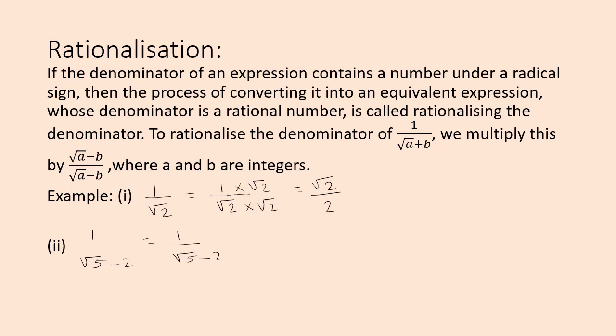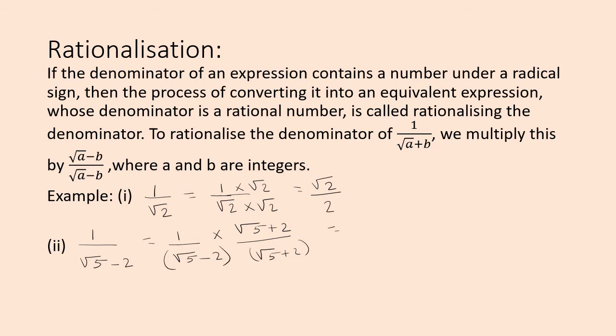You have to just change the sign of the middle term and multiply with the same number. For example, if it is root 5 minus 2, multiply in the numerator and denominator by root 5 plus 2. Please don't forget to put the bracket, otherwise when you are doing the calculation you will make a mistake.